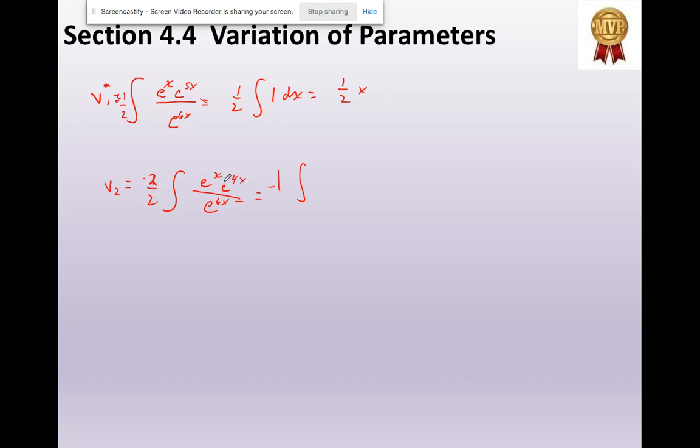What is this? This is e to the 5x over e to the 6x. And this is e to the, is that e to the negative x or e to the, yeah. Divided by negative 1, so that's going to cancel, make this negative 1 positive.